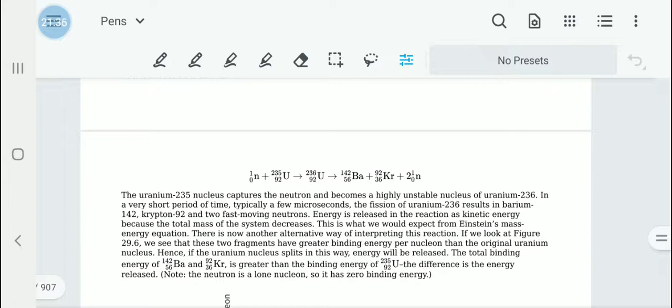High energy means fast moving neutrons. Energy is released in the form of kinetic energy because the mass of the system reduces.